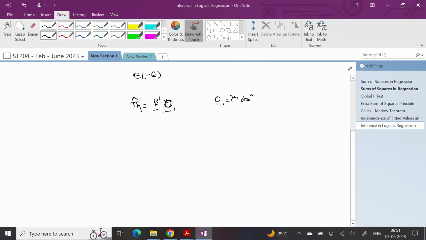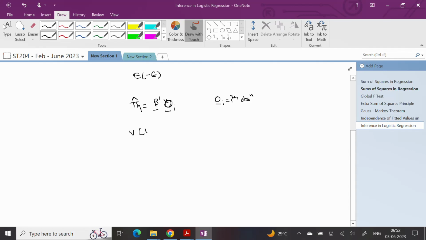Now I know the variance of beta hat, so I can use it to get a confidence interval for pi i hat, and once I have the confidence interval for pi i hat, then that is what I need.